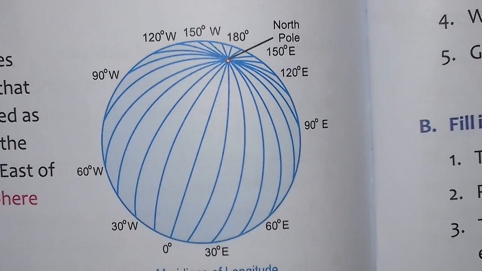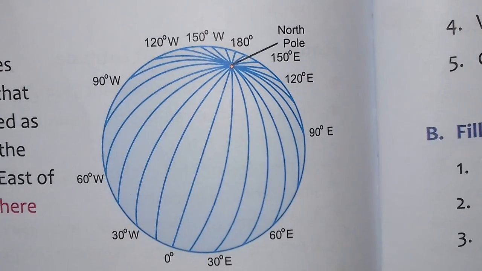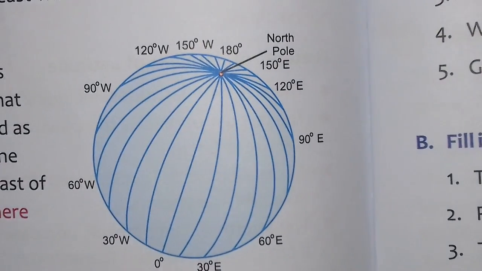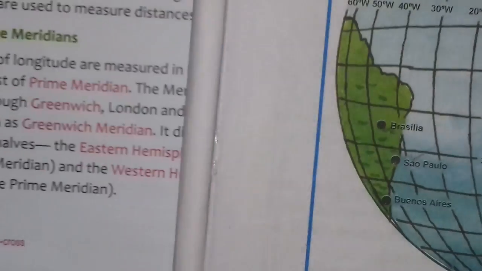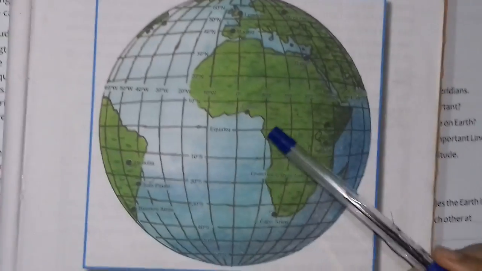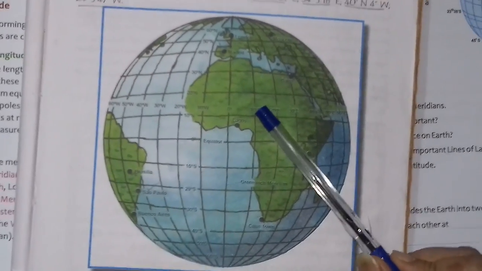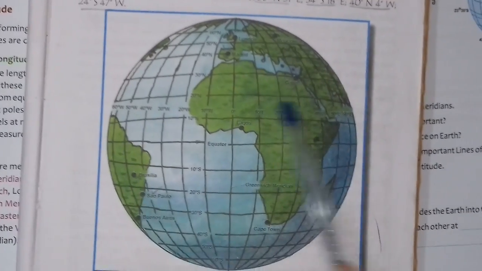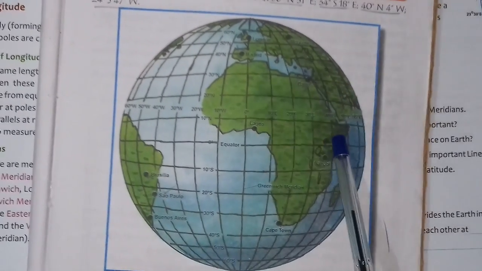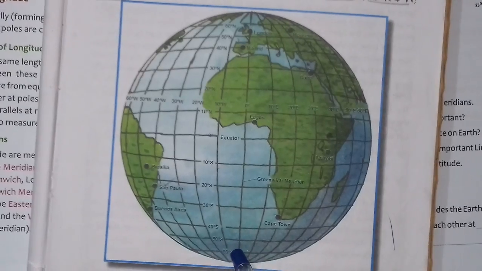Now I am showing you a picture. You can see the grid, the latitudes from east to west and longitudes from north to south.